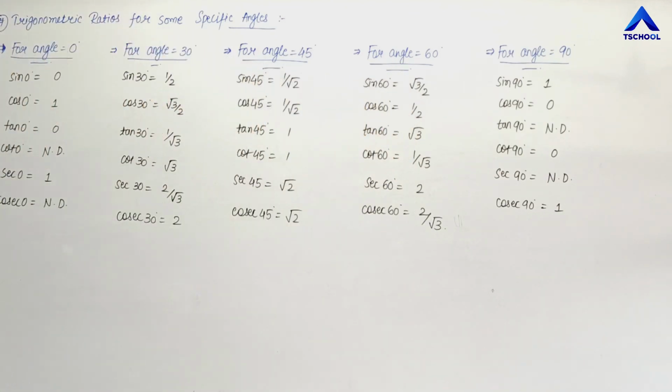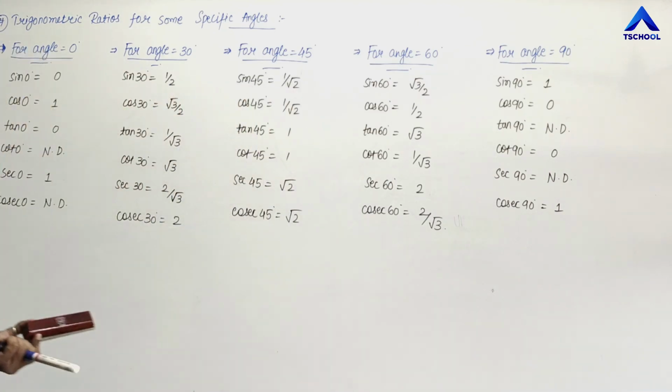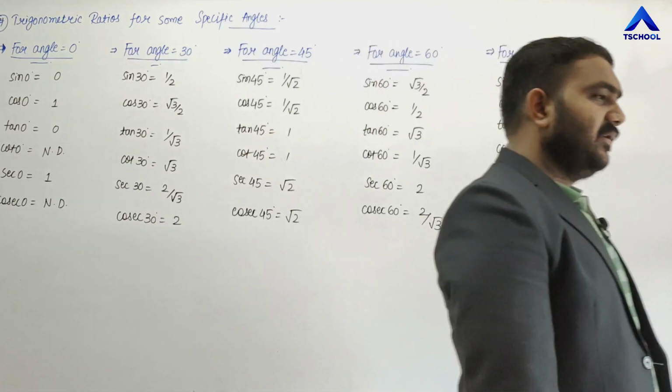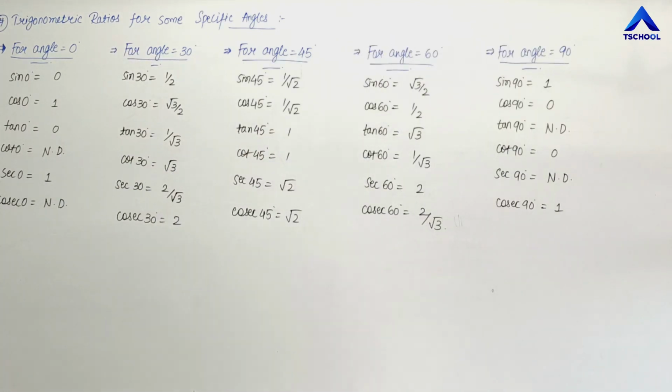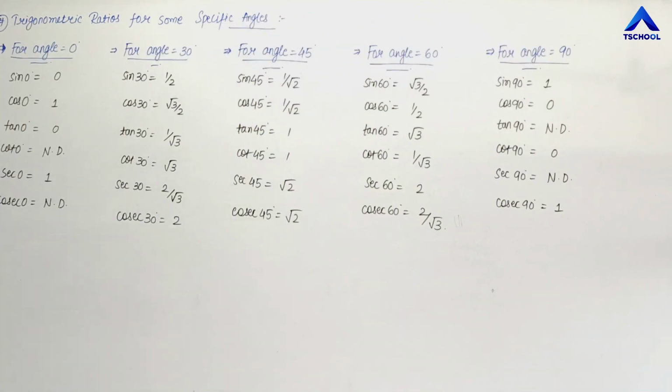So 6, 12, 18, 24 and 30, total 30 values, 6 each for theta equals 0, 30, 45, 60 and 90. You need to remember each and every one of these values that is written on the board, and that is again given in the tabular form in the book also.